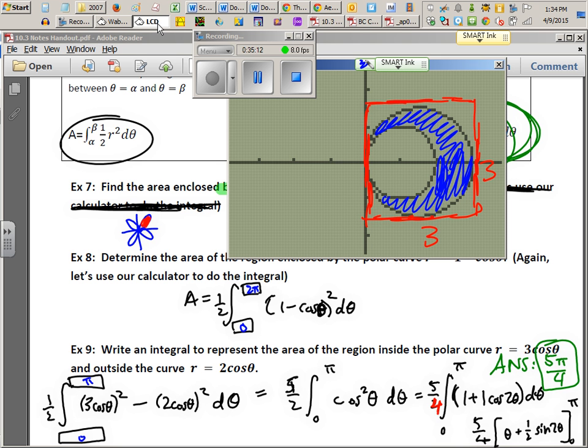Is that believable? 5/4 pi is 1.25 times pi, which is roughly 4.5. Is it reasonable to say that this crescent fills about half the area of the red box? I think it's reasonable. Usually when they're not reasonable, you'll know. It's way, way off.